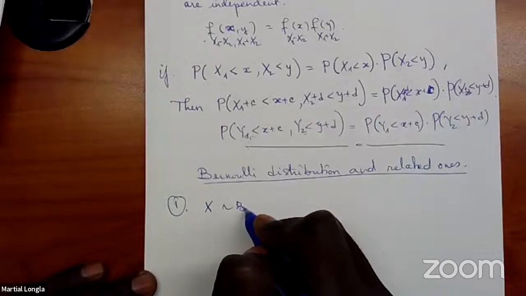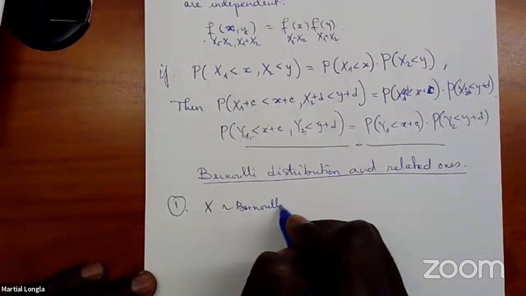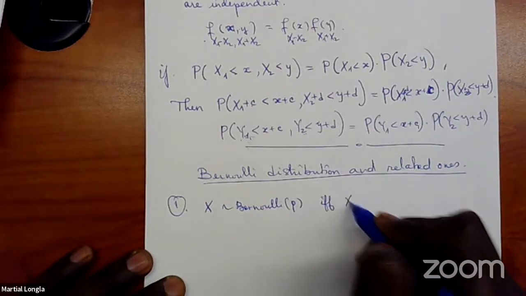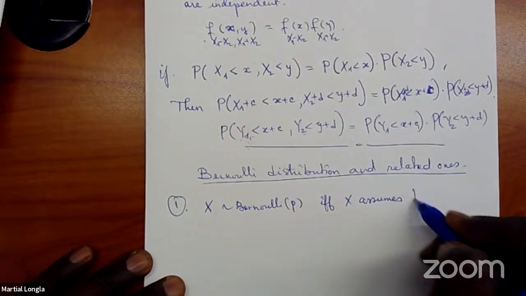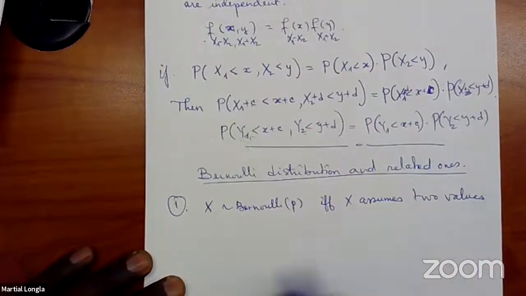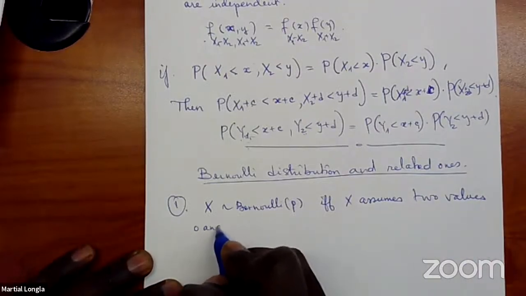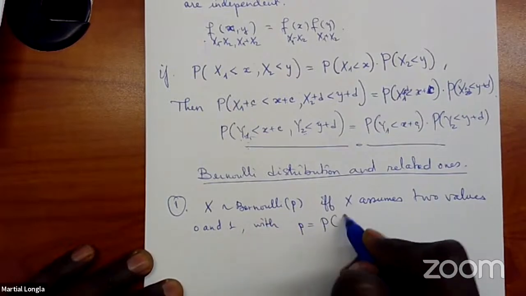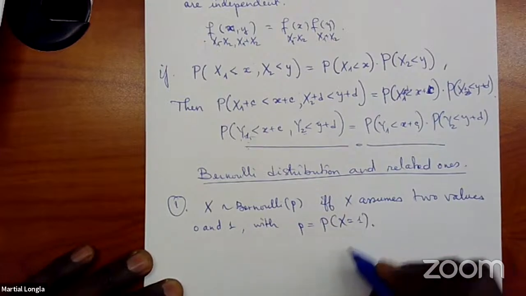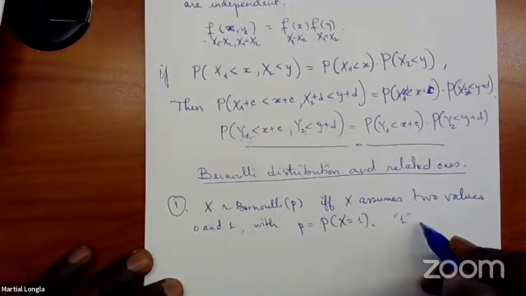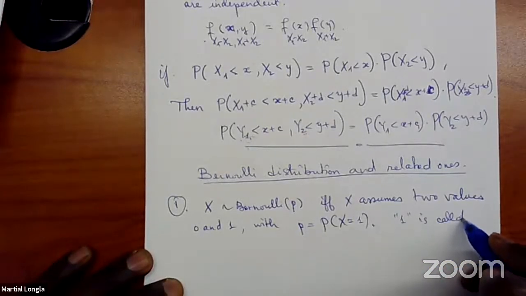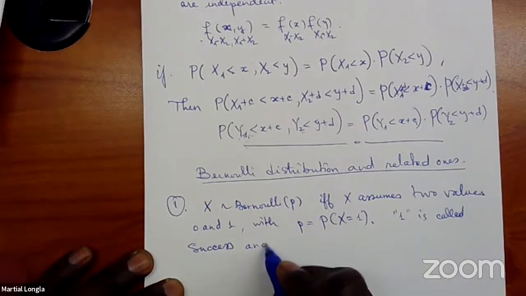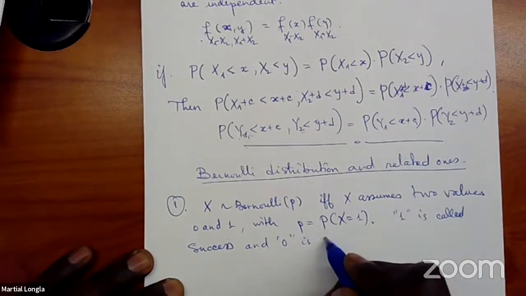So, two values, 0 and 1, where P equals the probability of X equal to 1. 1 is called success, 0 is called failure.